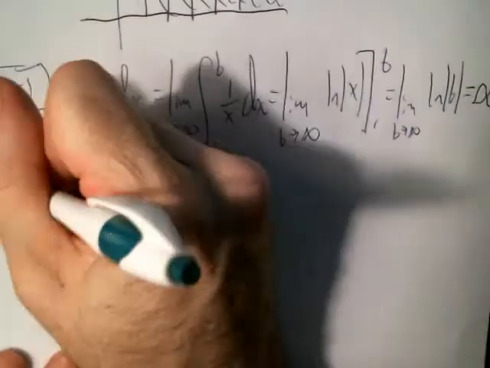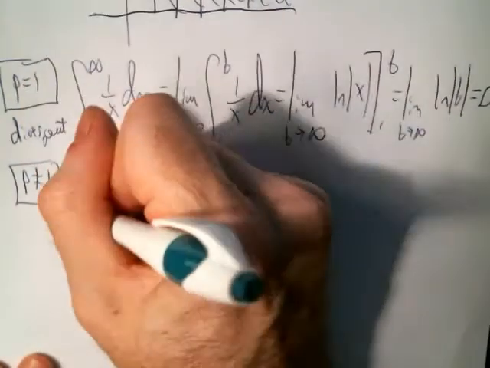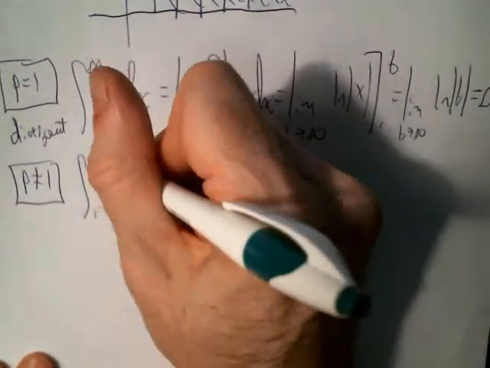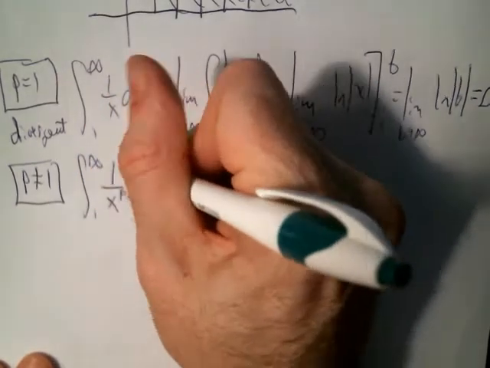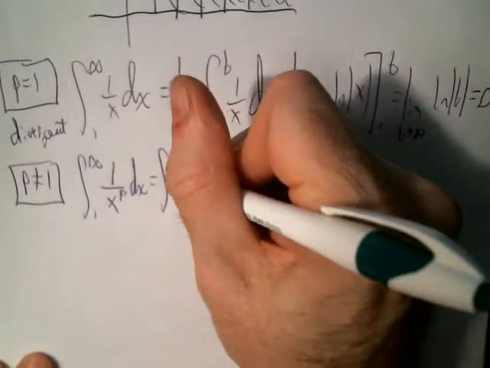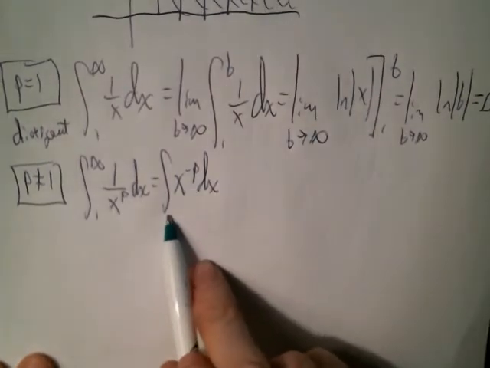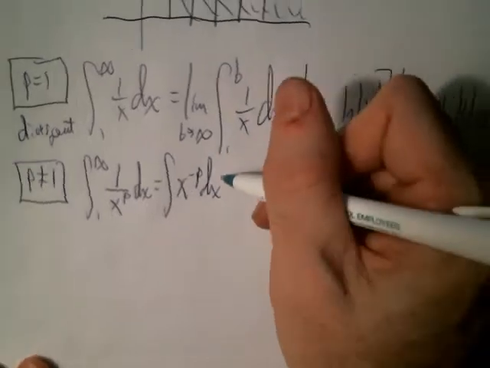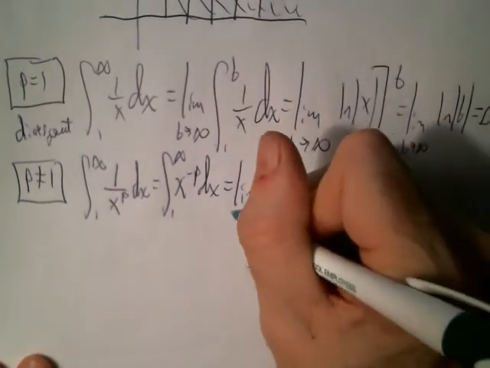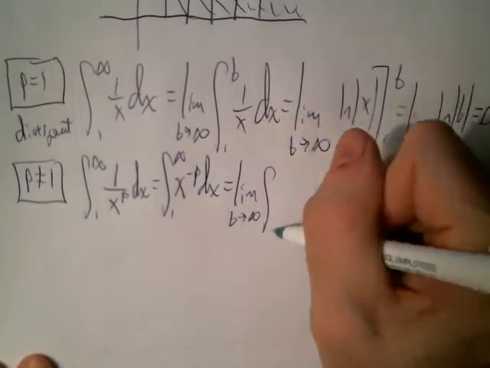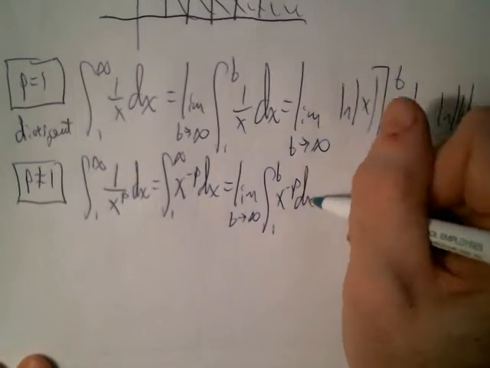Okay, so let's do p not equal to 1. When p is not equal to 1, you can do a power rule. I can just add 1 to the exponent and divide by the new exponent. So let's put it into its limit form: the limit as b goes to infinity of the integral from 1 to b of x to the negative p dx.